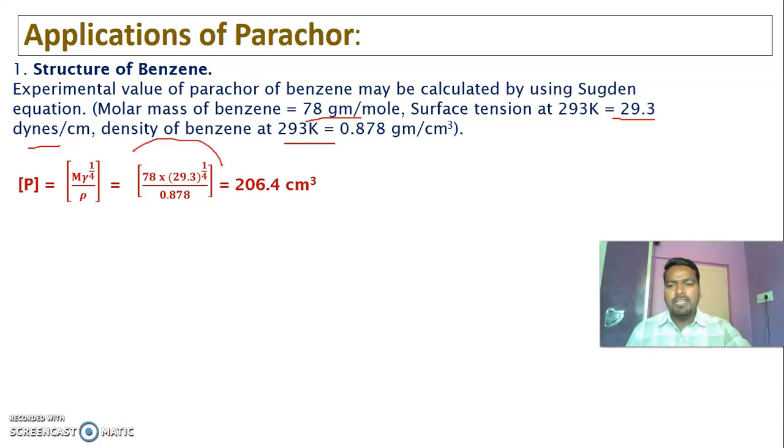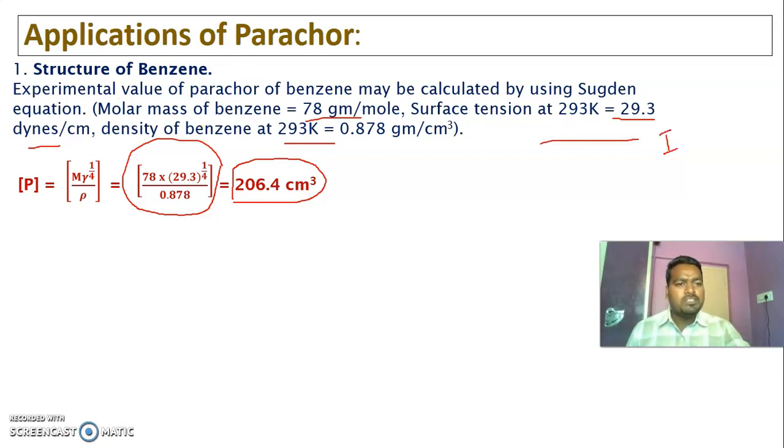If you simplify this value, we get 206.4 centimeter cube. This is the experimental determination of the Parachor value of benzene. So this is the first method.